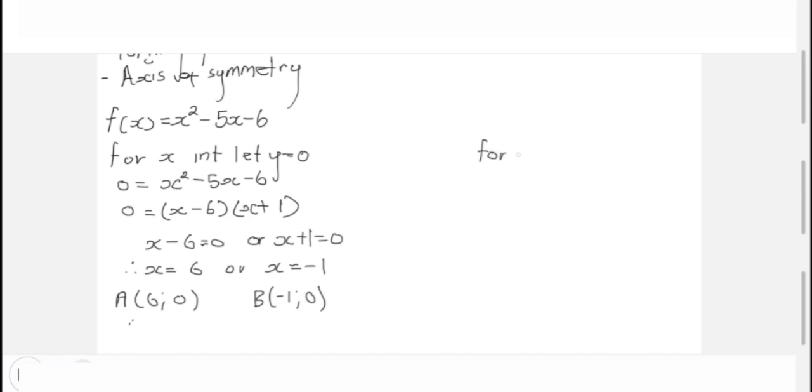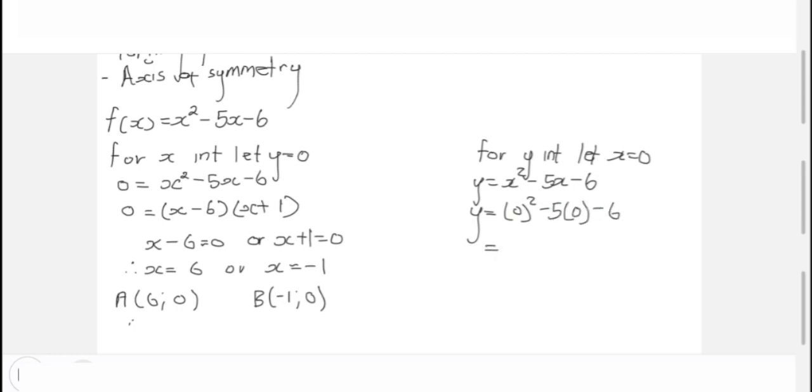For the y-intercept, let x be equal to 0. Some other people prefer writing it in this format: y is equal to x squared minus 5x minus 6, then substituting 0, while writing y, and then 0 minus 6, so it's negative 6.